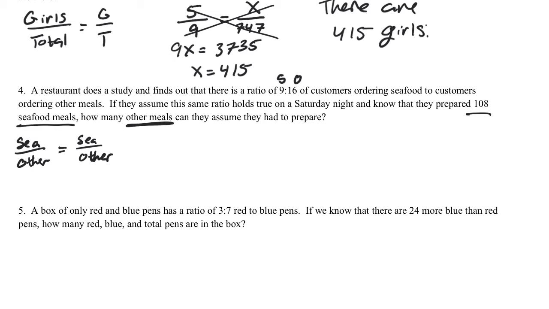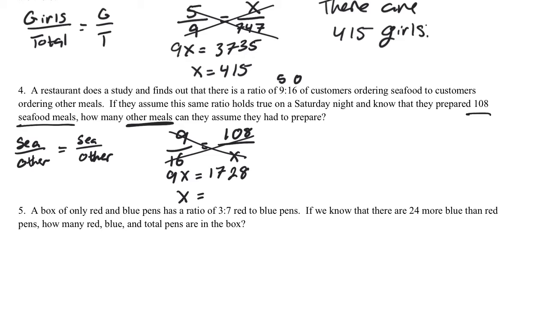Okay, so our first ratio was that 9 to 16, 9 seafood to 16 other. And in the second half, it says they prepared 108 seafood, and it didn't say anything about how many other meals they prepared on a Saturday night, right? That's what we're looking to find, so that's what we're going to leave as our X. Okay, so cross multiply and solve. We'll find that 9X equals 1,728.